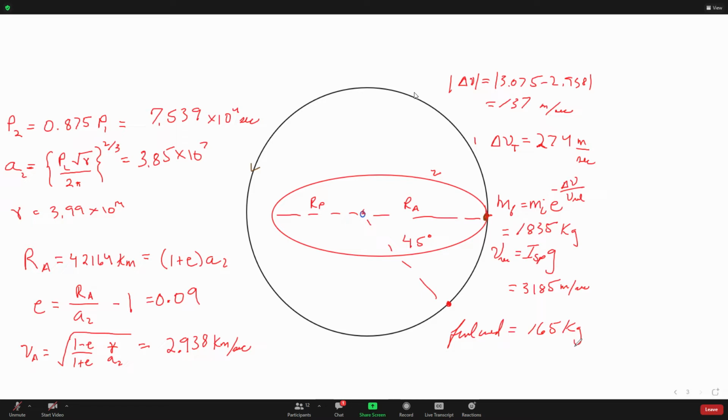So if I wanted to move the satellite 45 degrees, which is a large distance, a better way to do it would be to do it in a number of orbits instead of just one. So let's say instead of moving 45 degrees all in one orbit, I'm going to move 5 degrees in 9 orbits.